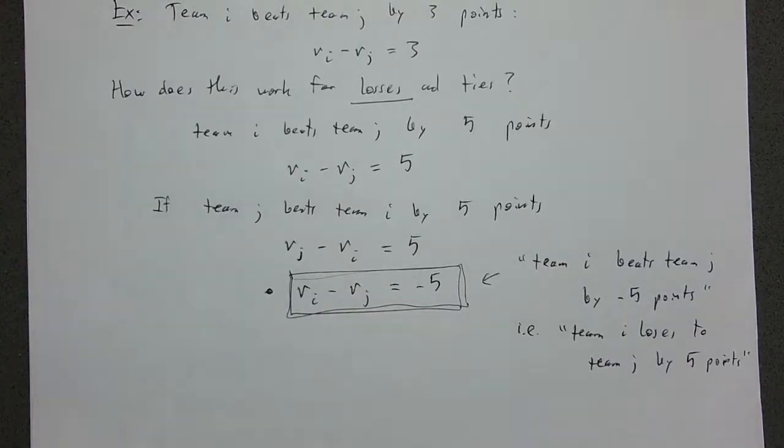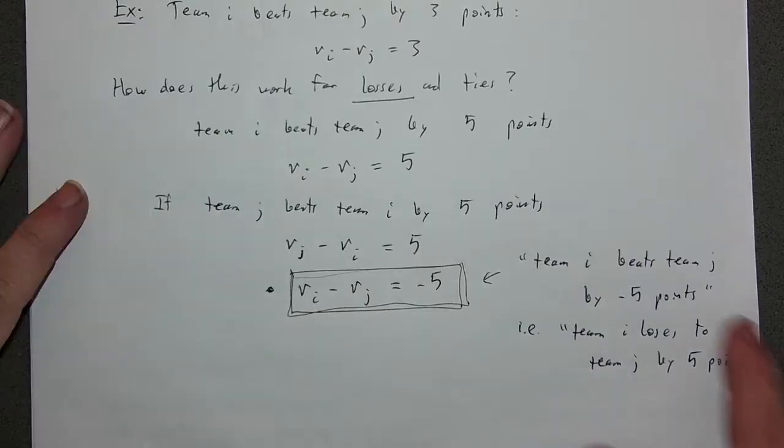You'll see what I'm talking about when we start writing out the system of equations, but being able to recast losses as negative wins, wins by negative amounts of points, is important because it makes this setup easier. It makes it more straightforward to do this.